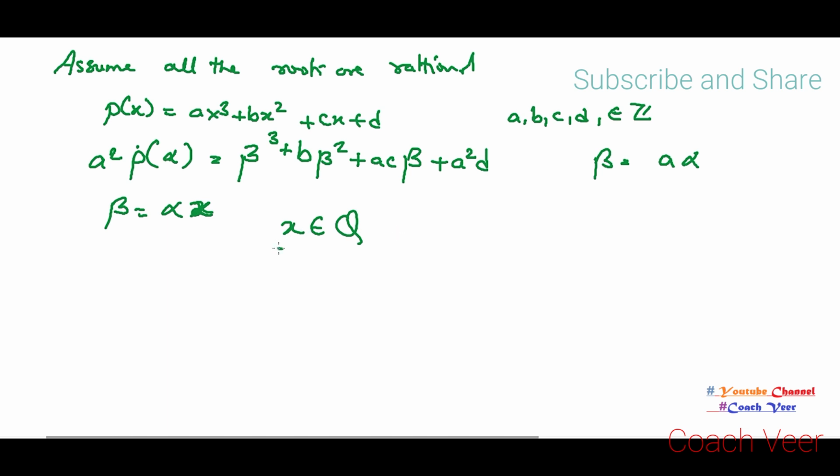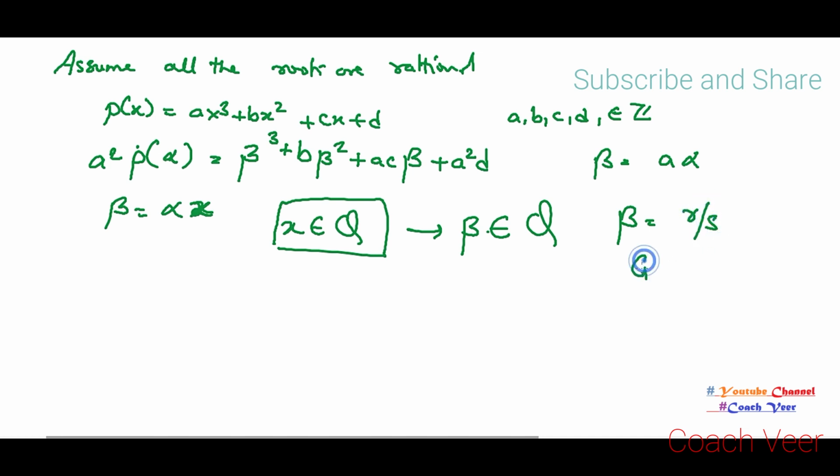All the things of x are rational. Then it is a multiple of x, so beta will also belong to Q, and moreover beta is a rational number, so beta must be in the form of r by s, where gcd of r and s is 1, meaning that is the smallest fraction.